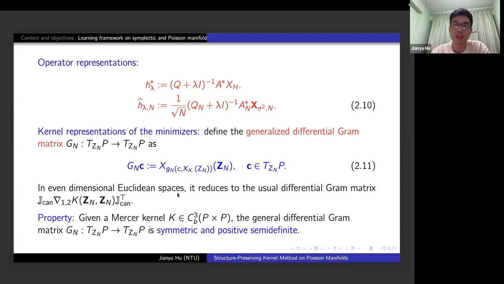In even dimensional Euclidean spaces, this generalized differential Gramian matrix reduces to the standard one. There is an important property for this generalized differential Gramian matrix. It shows that if the kernel belongs to CB3, then the Gramian matrix is symmetric and positive semi-definite.